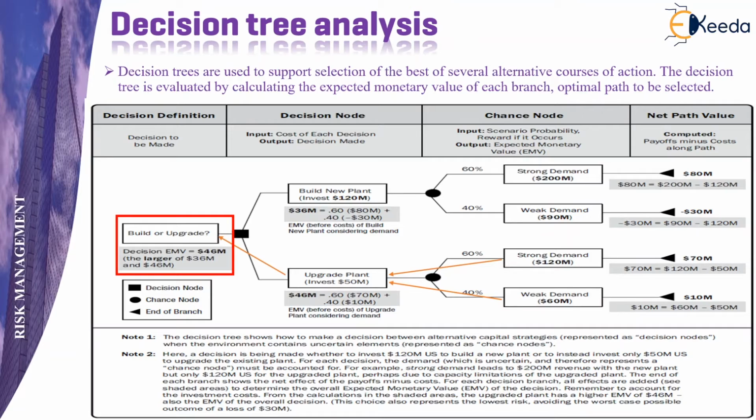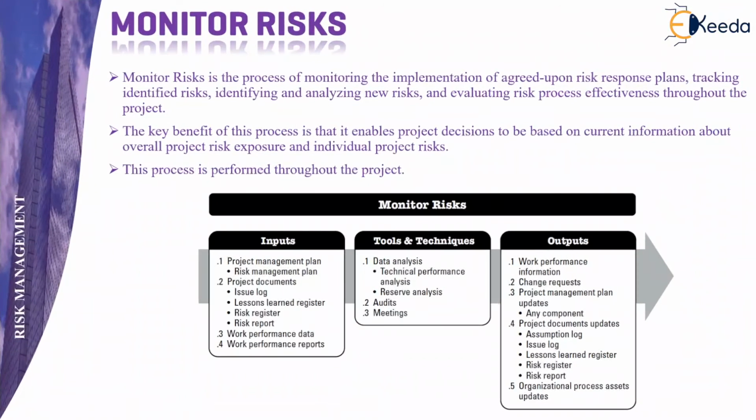The result is $46 million. Thus, we will select the path having more expected monetary value, that is, it will fetch us more profit. Hence, by this decision tree analysis, we come to a definite conclusion that we must go towards investing $50 million to upgrade the plant only.